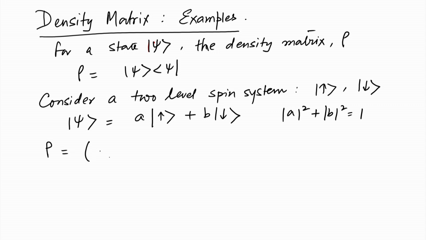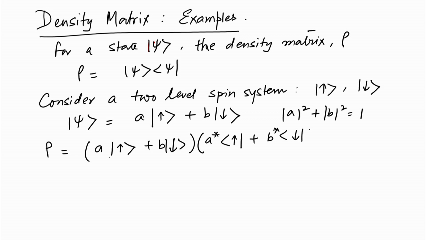Now we can define a density operator, or density matrix, as rho = (a|up> + b|down>) multiplied by (a*<up| + b*<down|).